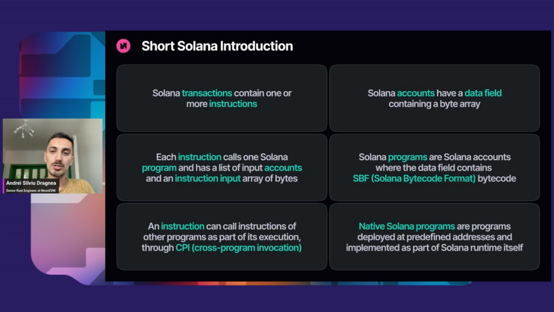Solana accounts also have a data field inside them containing an uninterpreted byte array. Solana programs are just Solana accounts where the data field contains Solana bytecode for that specific smart contract. And native Solana programs are programs deployed at predefined addresses on the blockchain and are implemented as part of the Solana runtime itself, for example, the system program.